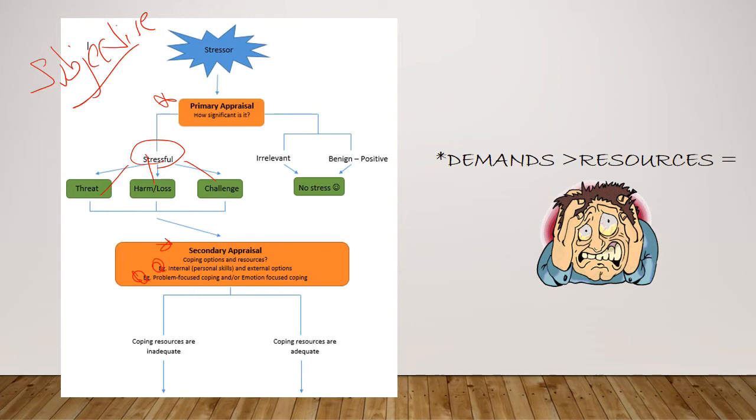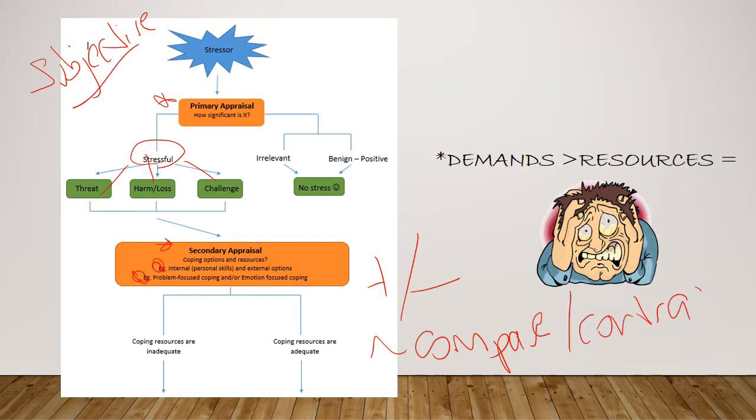Just make sure you also know at least two strengths and two limitations of this model, and you might also be asked to compare and contrast this model with GAS, okay? You must also know how these two models interact.